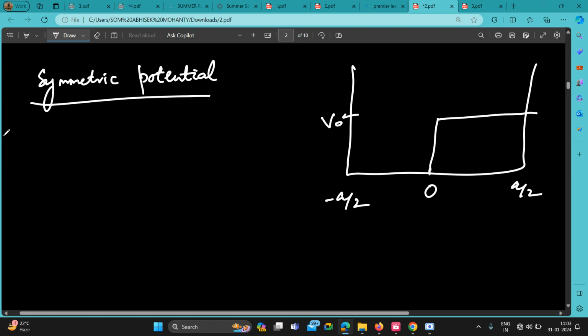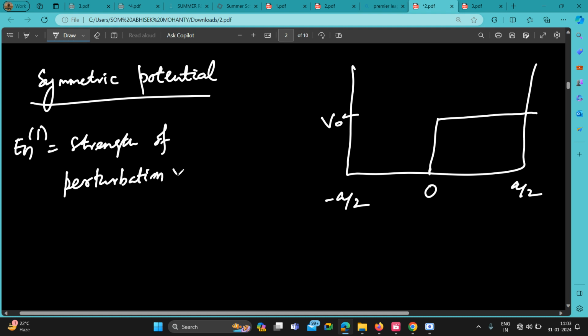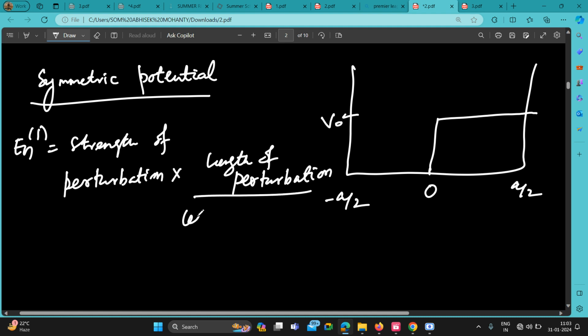So here your first order correction will be En1 is equal to strength of perturbation into length of perturbation by length of the wall. Okay, so here strength of perturbation is V naught, into length of perturbation is what?